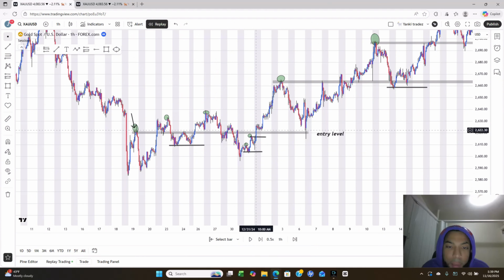Sometimes I enter a little bit before the candle closure. That candle closes at 10, right? So maybe at 9:50 I enter the market, or probably at 9:45. You know what I'm saying?